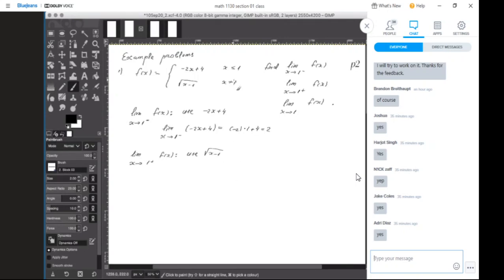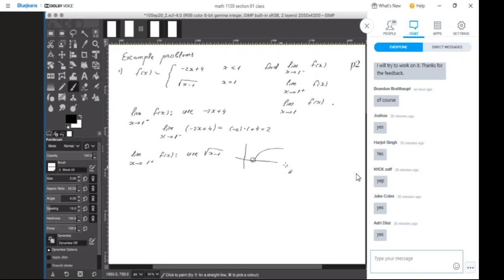Although the 1 here is not included in the definition of this specific function, we know that x is approaching 1, so we can plug it in. We can also graph this. If we put this on a graph, this is the point 1, and this is the root.